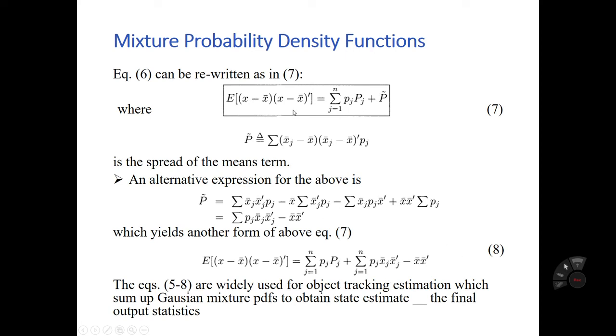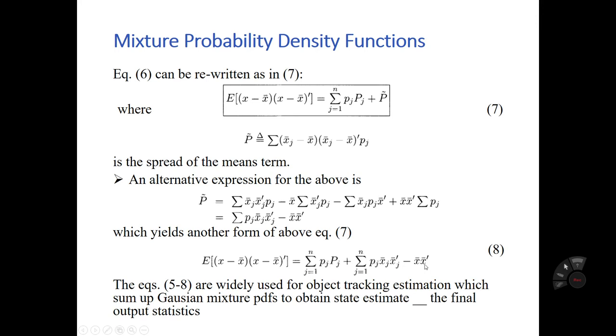You can use any of them, this one or this one, anything. So this is another form, and normally I use this formula in the tracking system in my algorithm. These equations are widely used for object tracking estimation, which will calculate the mean value of the argument and its covariance.